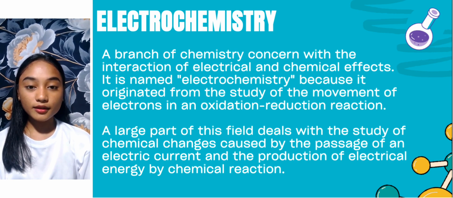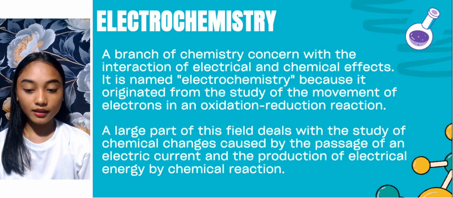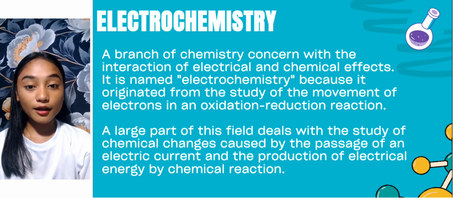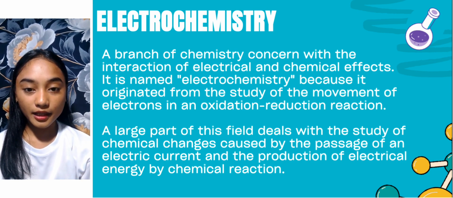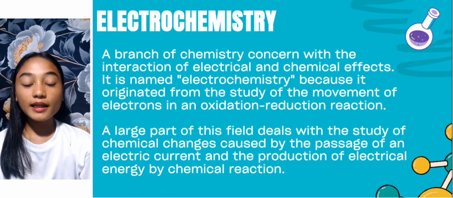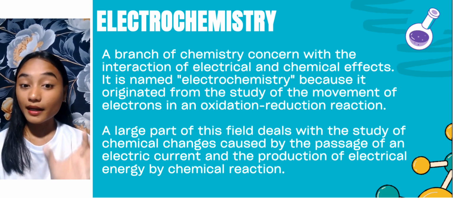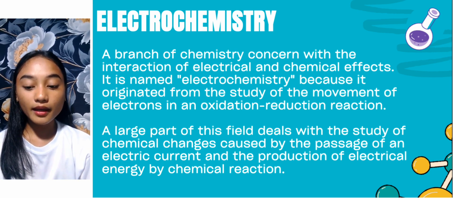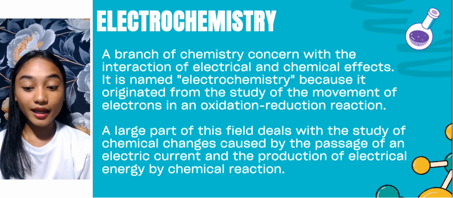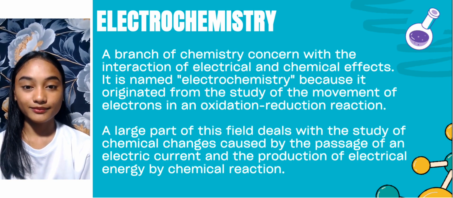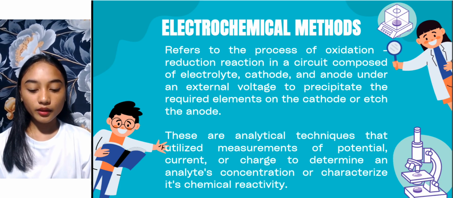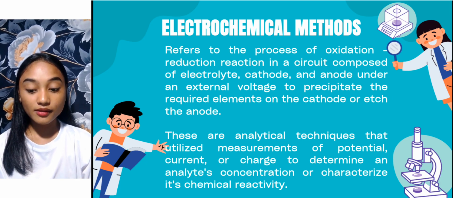So, ang electrochemistry daw ay isang branch ng chemistry na concern sa interaction ng iba't ibang electrical and chemical effects. Pinangalanan itong electrochemistry dahil nagmula ito sa study sa pag-aaral ng mga movement or ng mga paggalaw ng electrons sa isang oxidation-reduction reaction.